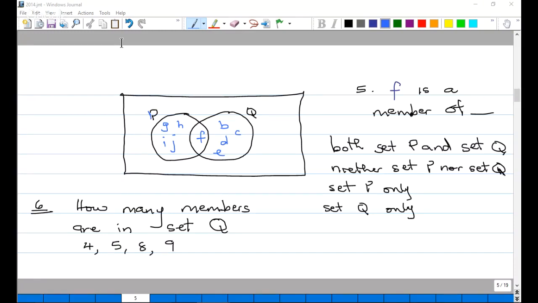Set P would be G, H, I, J. What about F? Yes, F. F is in set P. What are the members or the elements of set Q? B, C, D.